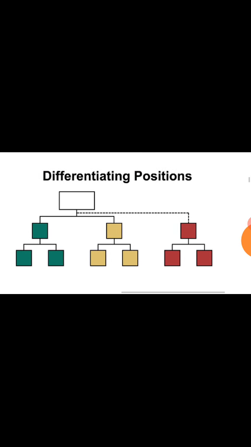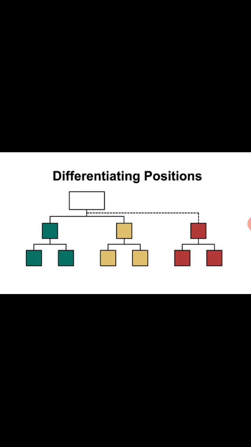Now next is differentiating positions. Differentiated position here means that they have different activities to be done, different powers, and different authority. The nature of the work they are doing is distinguished from the other parts.